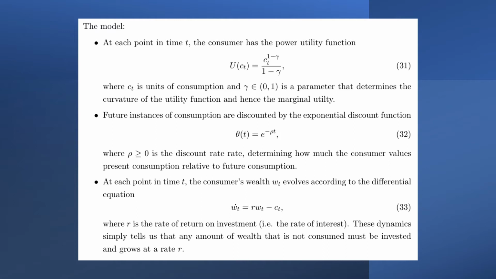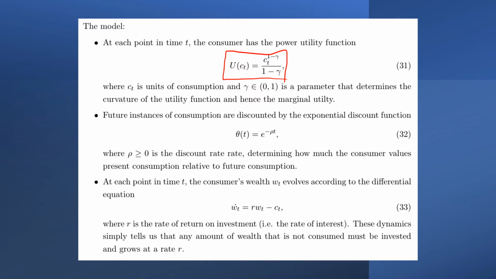We have a utility function given by this expression. Ct is consumption, and we raise it to 1 minus gamma, where gamma is a parameter in the open unit interval. Gamma determines the curvature of the utility function and hence the marginal utility.